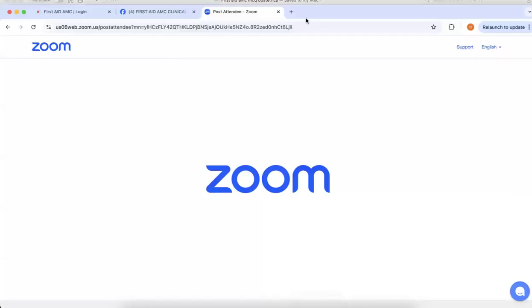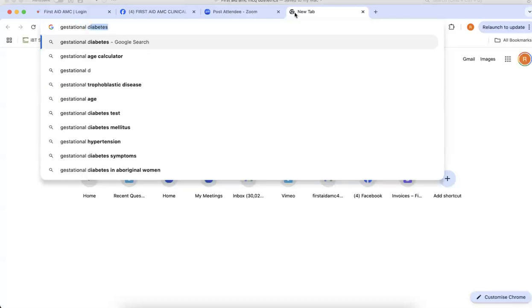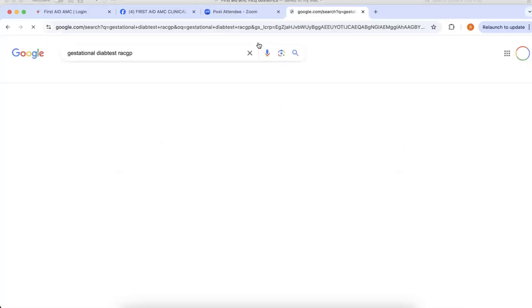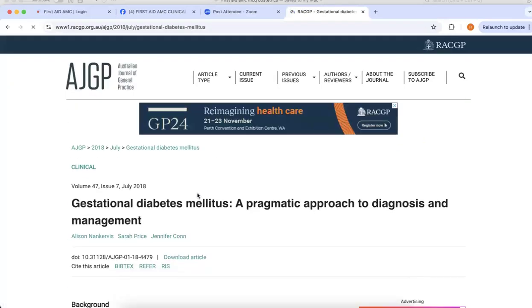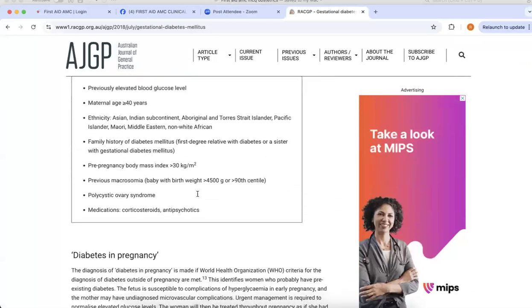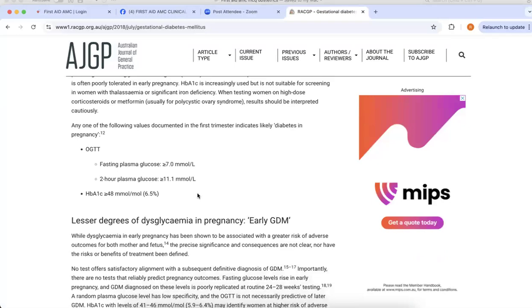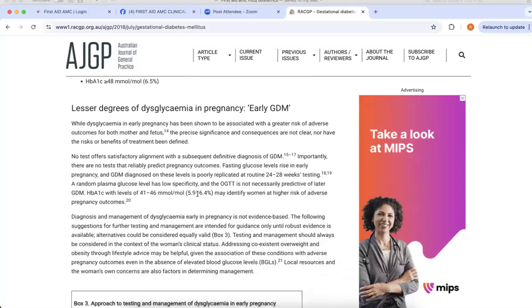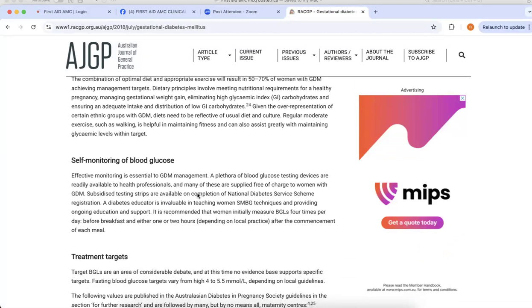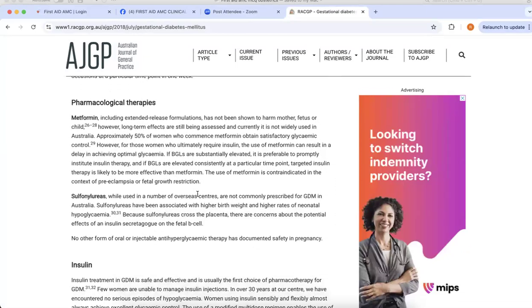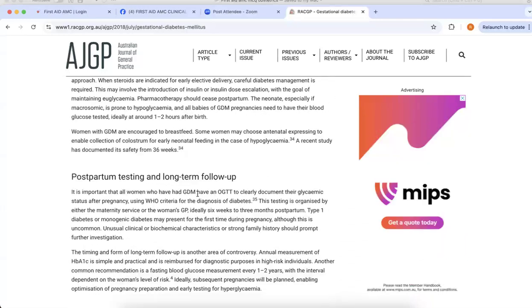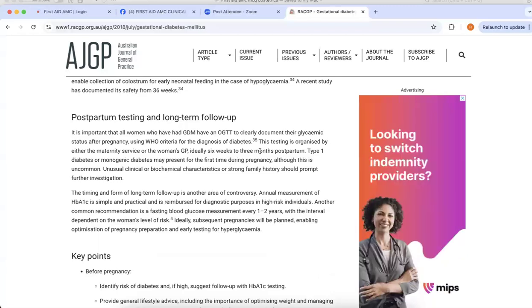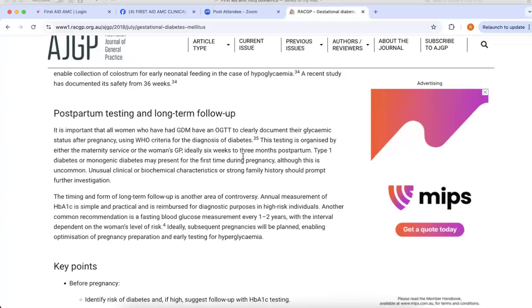I'll show you one thing from RACGP. According to RACGP, the follow-up is a bit different.